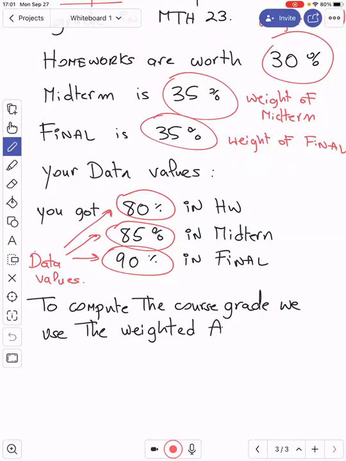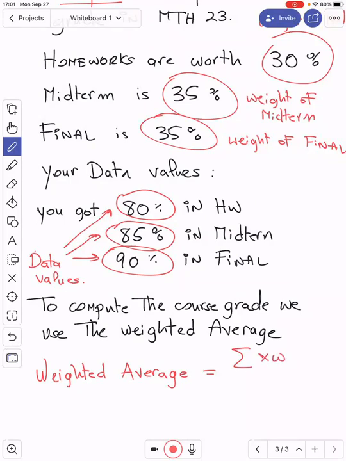So what's the formula for the weighted average? The formula is the following. The weighted average is the sum of your data values times their weights.